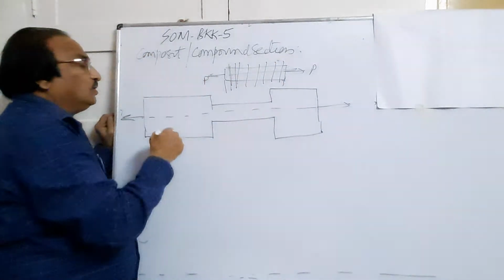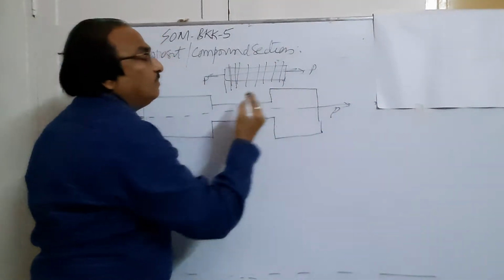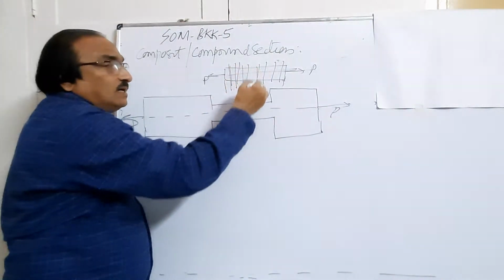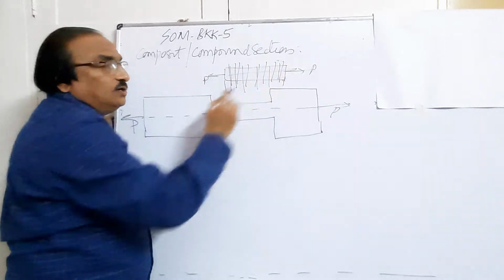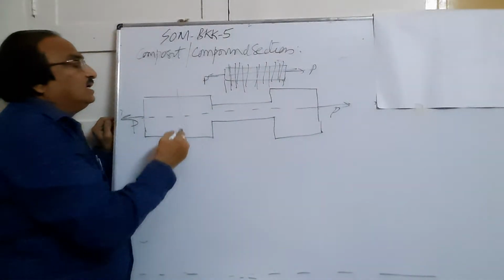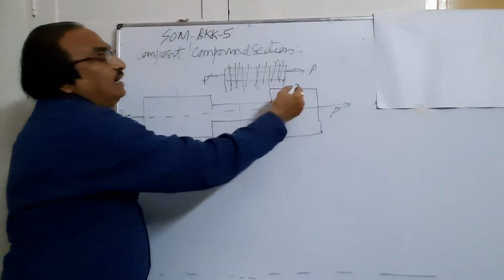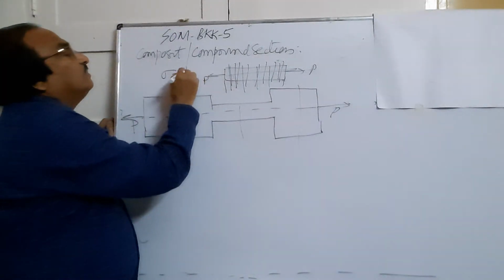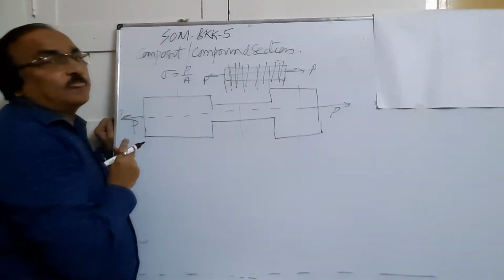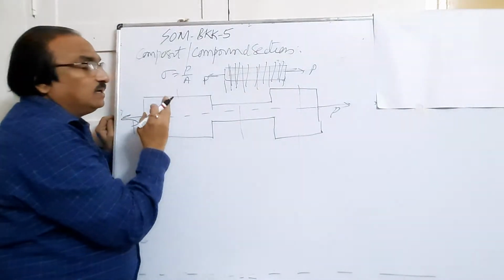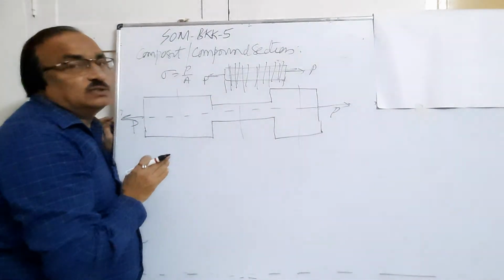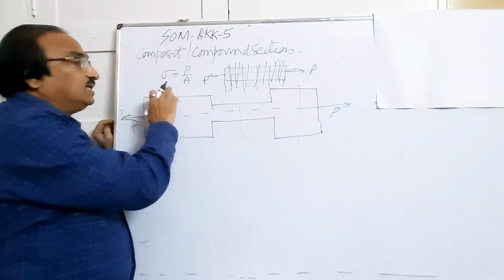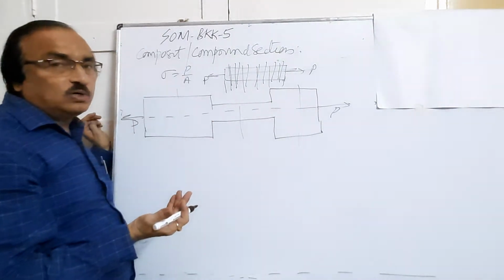Now here also at any section the load remains same from one end to the other end. If you cut the cross section, it is a uniform cross section, but if you cut it here, here and here, the cross section is different, and we know stress is given by load by area. So what will happen in such a member, the stress goes on changing because the cross section area is changing. Likewise, when stress changes, definitely strain is also going to change.